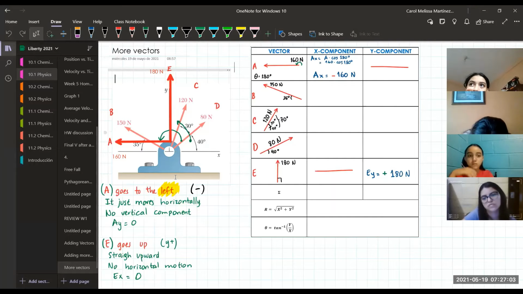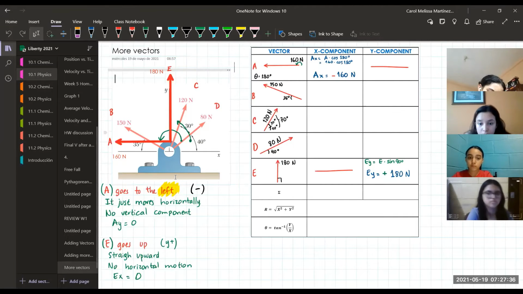Now you can do it with the angle too, but I totally recommend to skip it. The reason is because you have enough to do, but you still can work with the angle. Remember, this procedure that I'm doing is optional. EY is equal to E sine of your straight angle, that is 90 degrees. How much is the sine of 90?